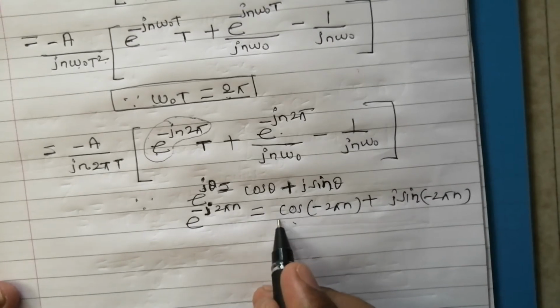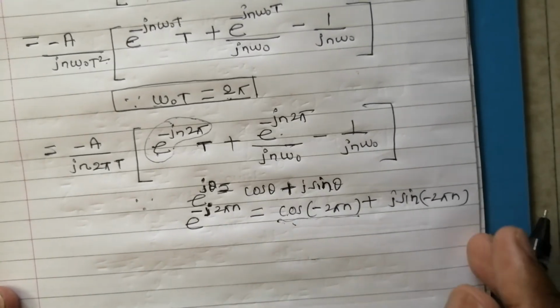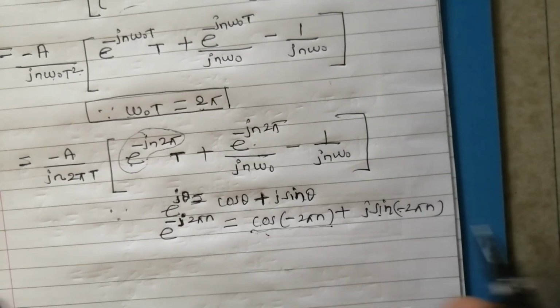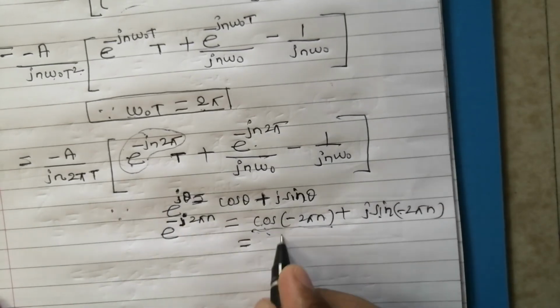Now what is the result of cos of minus 2 pi n? Cos of minus theta is cos theta, we know this, and sin of minus theta is minus sin theta. Then cos of 2 pi n: 2n is an even number, so it is an even multiple of pi, so it is going to be 1.